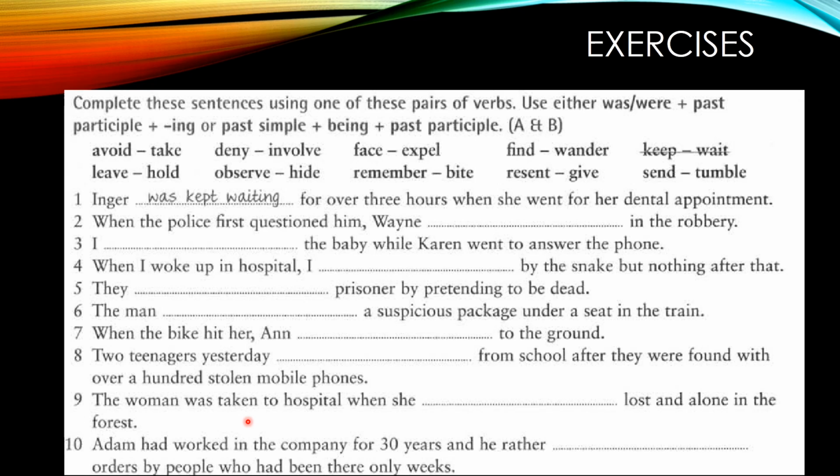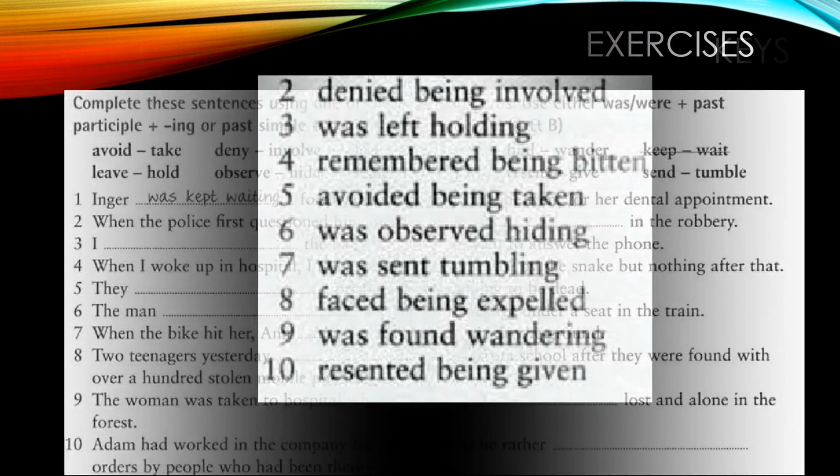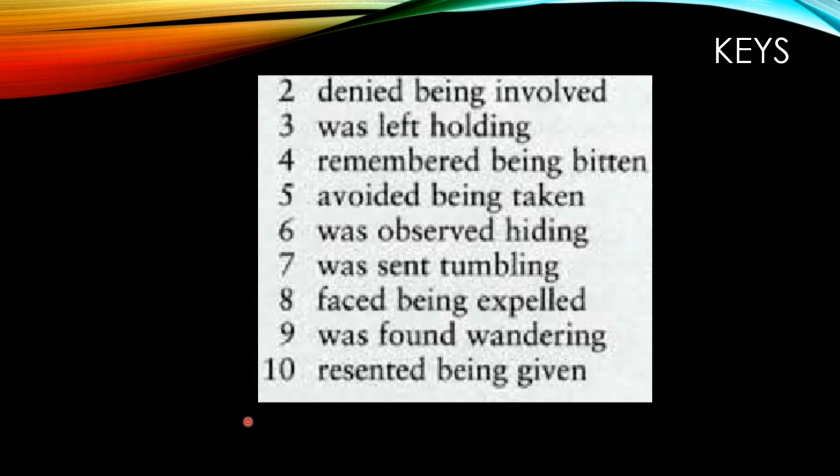Don't forget to use pairs of words. And just as usual, pause the video and you'll see the answers on the next slide. These are the keys. You may again pause the video and you'll see the next slide.